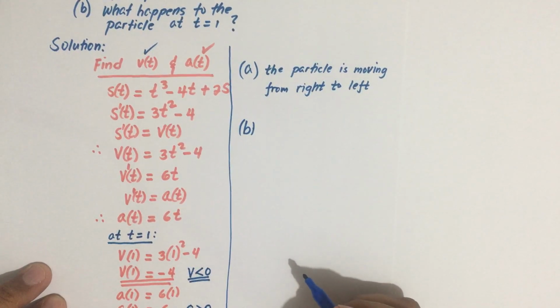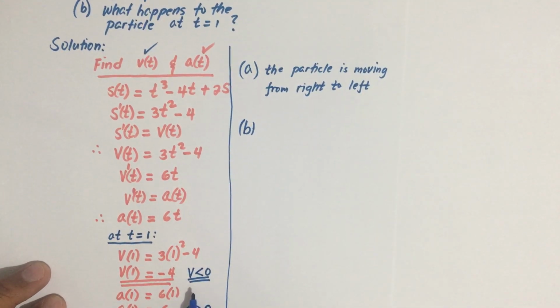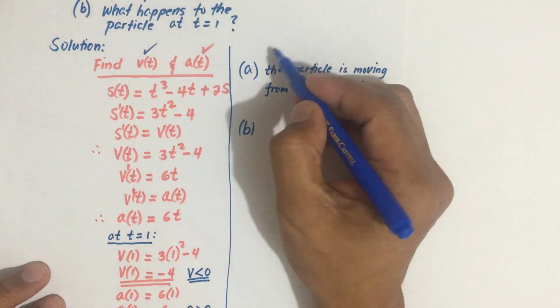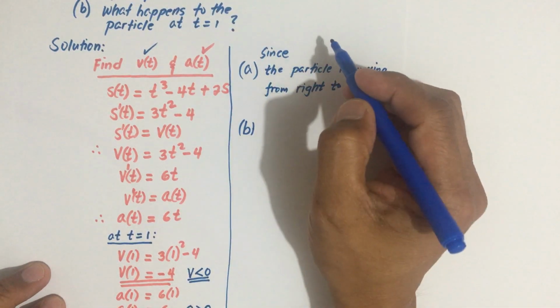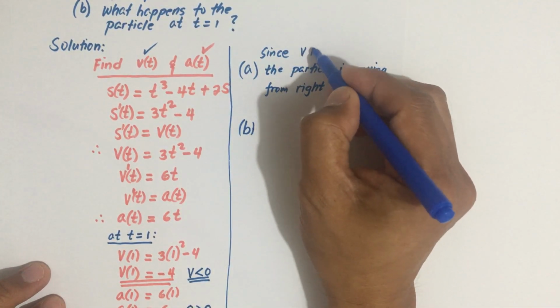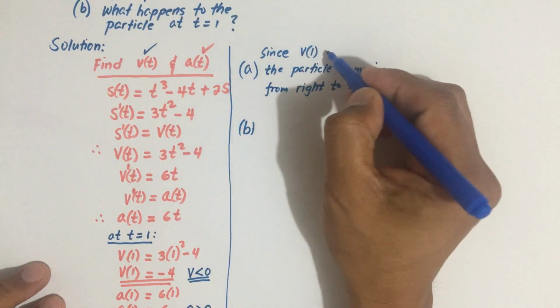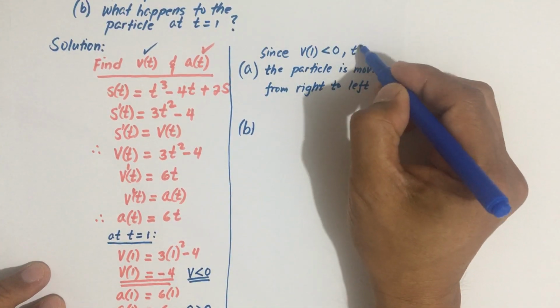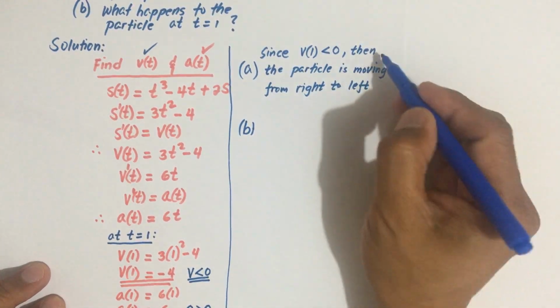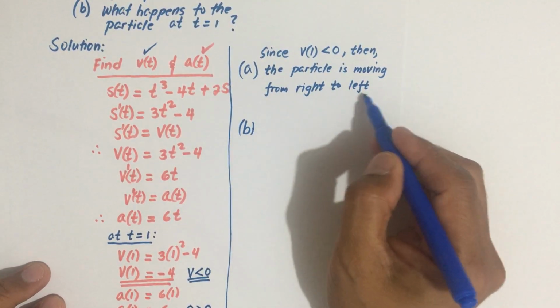All right, now how about b? What happens to the particle at t equal to 1? For a, we can say that since the value of the function v, velocity, is less than 0 or negative, the particle is moving from right to left.